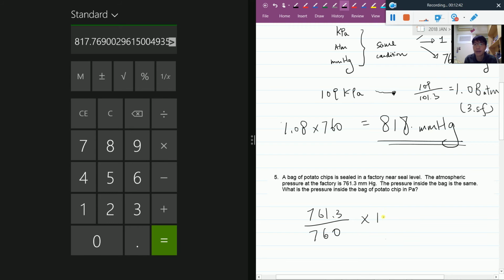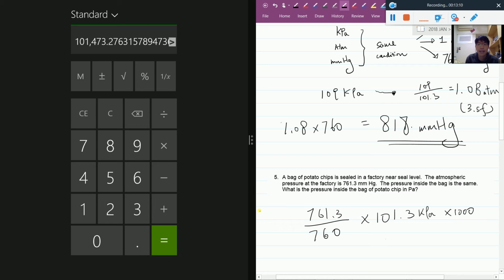You multiply by 101.3 kilopascal per atmosphere. Then to change kilopascal to Pascal, you multiply by 1,000. So the answer would be 761.3 divided by 760 times 101.3 and then times 1,000.